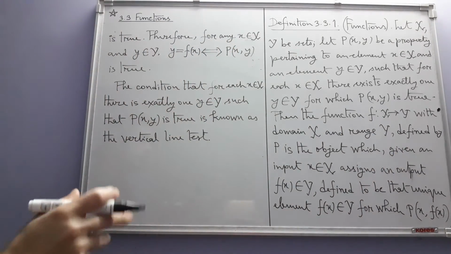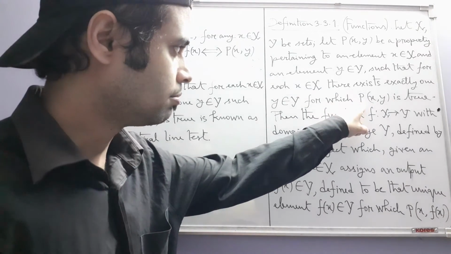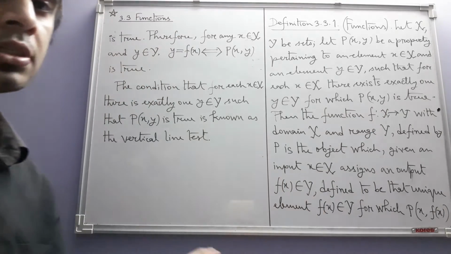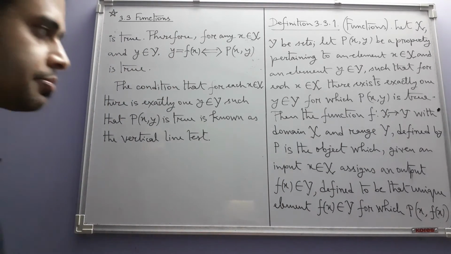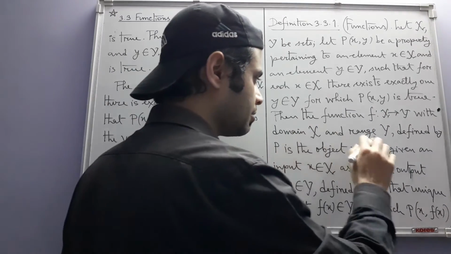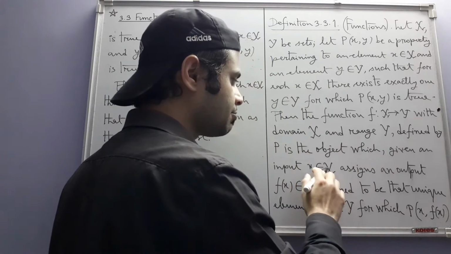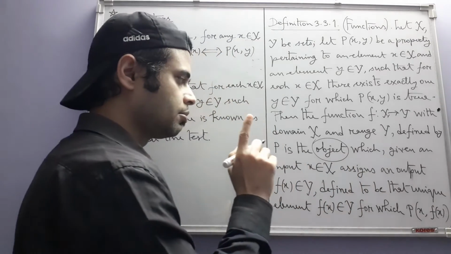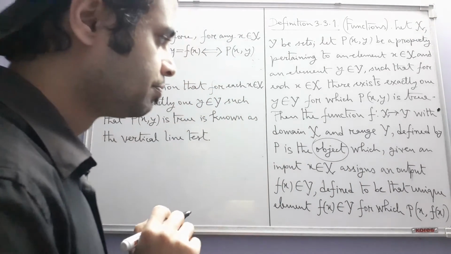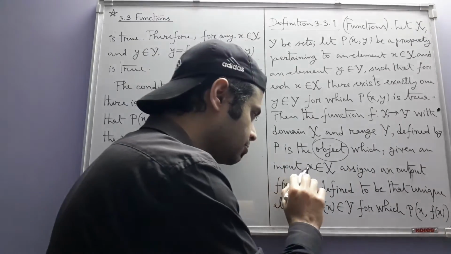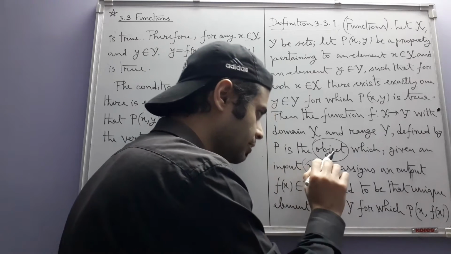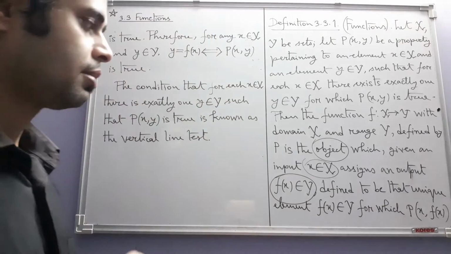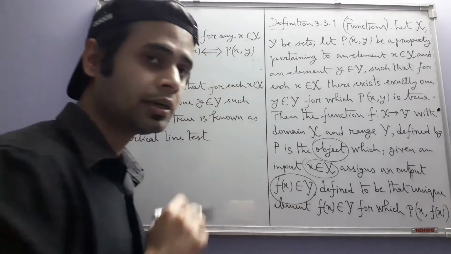Now it is going to be defined by using this property, or in other words, the property itself is defining the function. In what way? The property defines the function as an object. What does that object do? That object assigns to each input x in X an output f(x) in Y. And how is that output being determined?